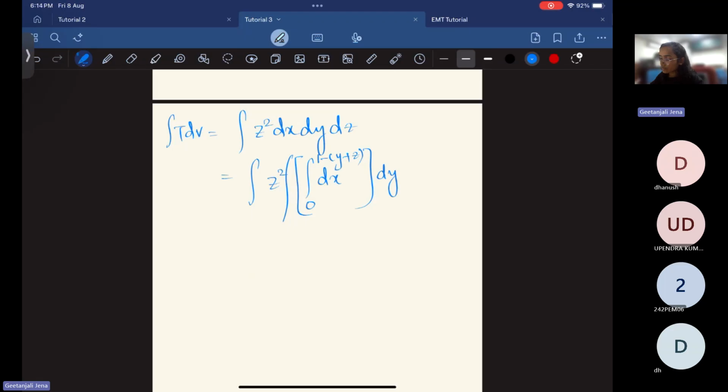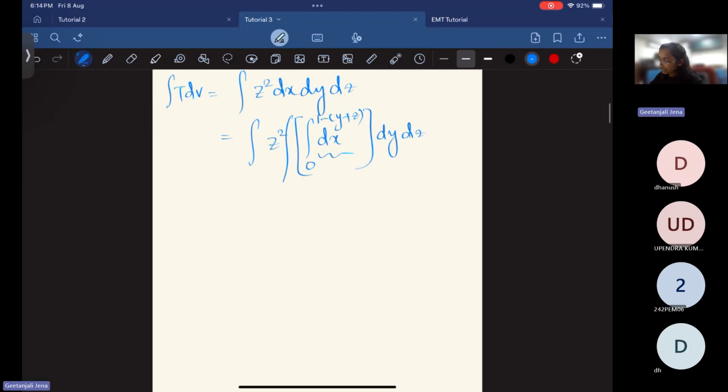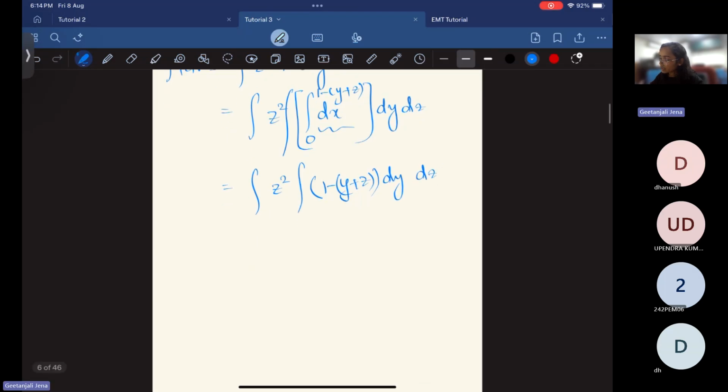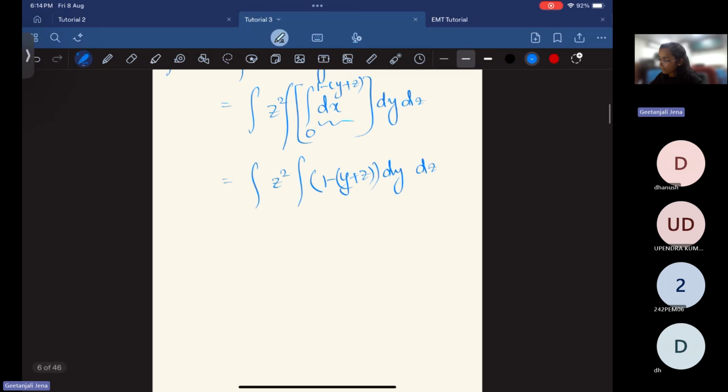Let us first solve dx, then we'll see dz. So this will give the integral of z squared (1 − y − z) dy dz. And what will be the limit for y now? The minimum value is 0 and the maximum value will be 1 − z.